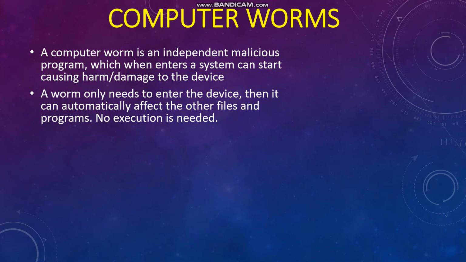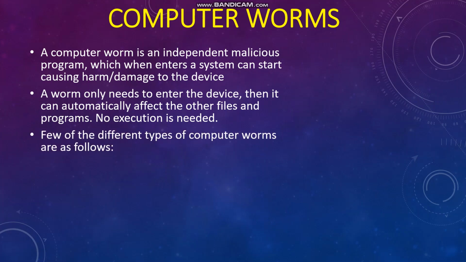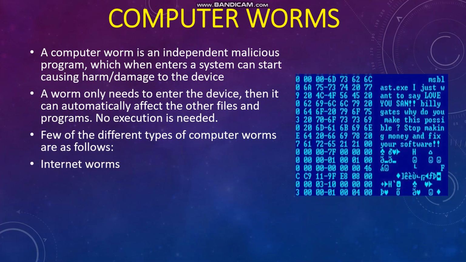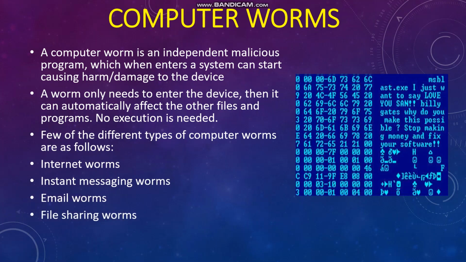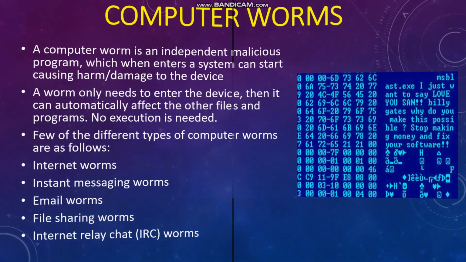No execution is needed. Few of the different types of computer worms are as follows: internet worms, instant messaging worms, email worms, file sharing worms, internet relay chat IRC worms.